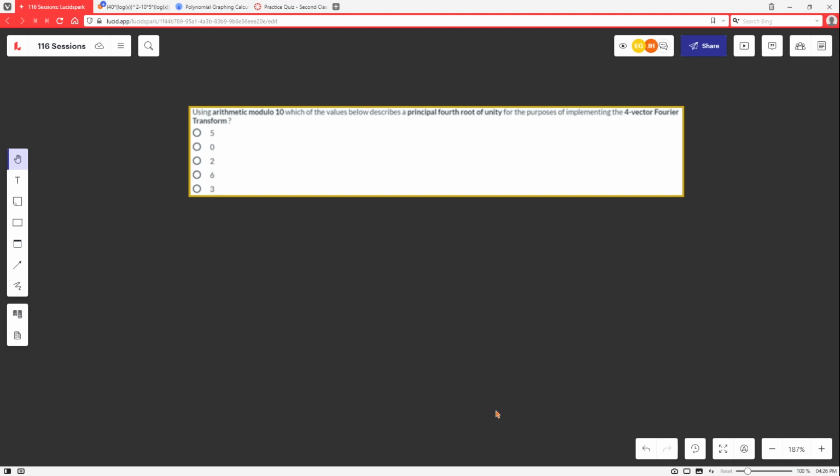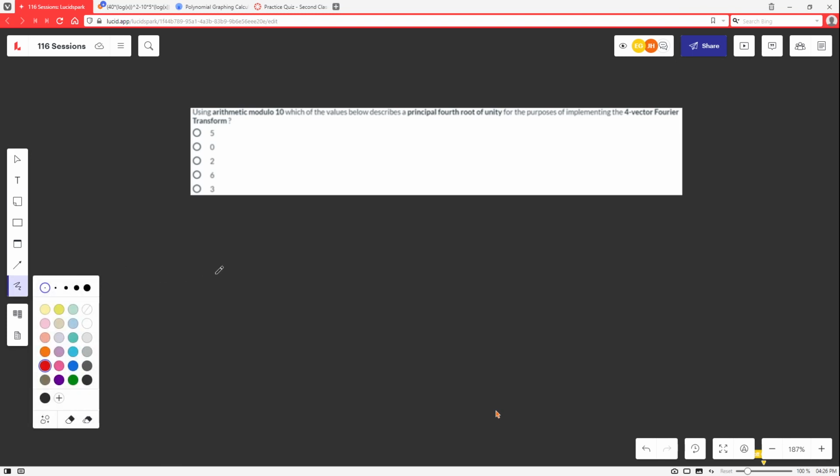Okay, so for this, the idea is that you want to find something that matches this format. Let me just copy it. If you have some power n, so n is the power, in this case it is principal fourth root, so 4 here.